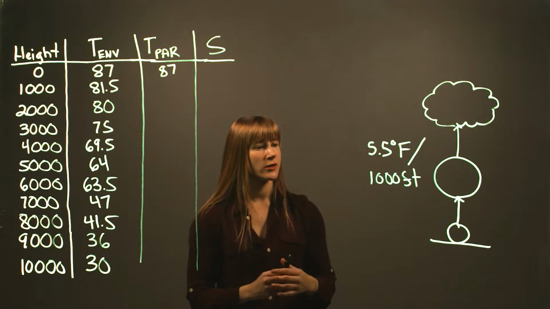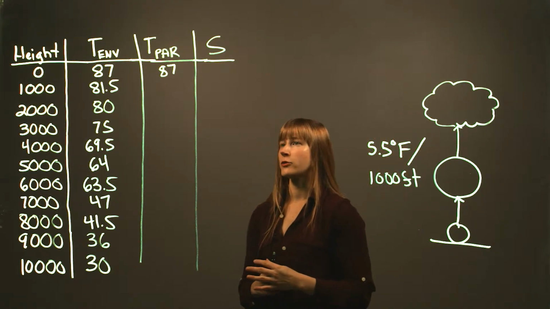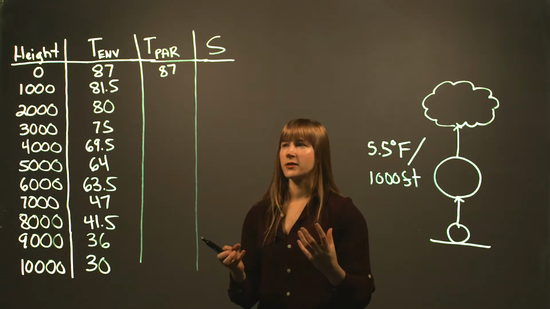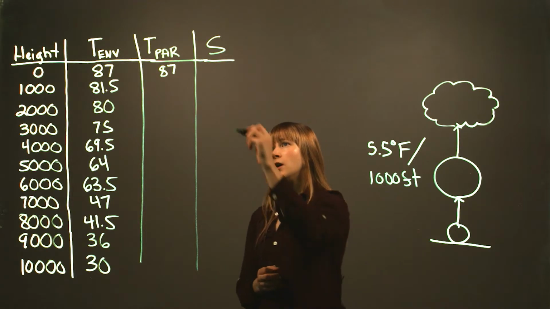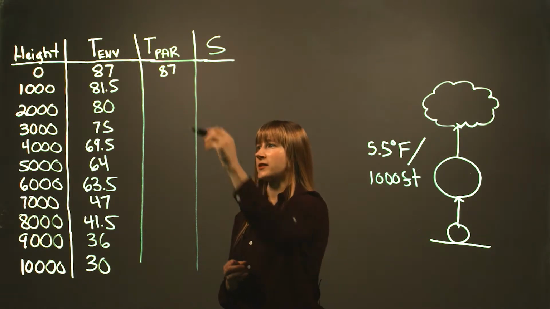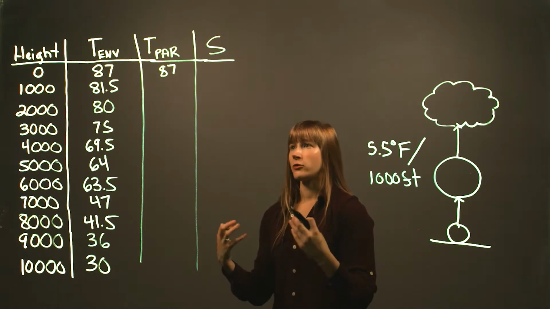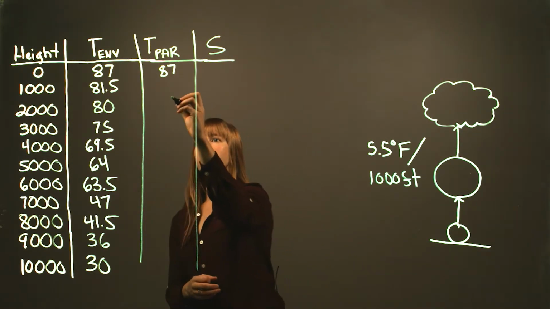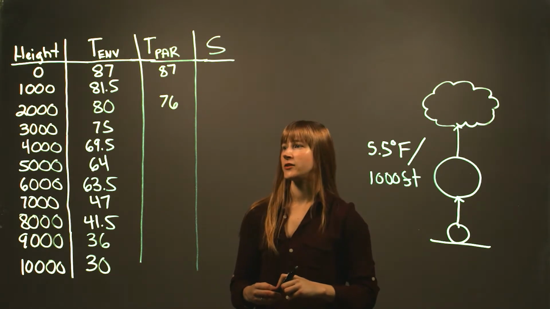So 11 degrees Fahrenheit for every 2,000 feet that the air parcel rises. That can be an easier way to quickly fill in this table. When the air parcel rises 2,000 feet above the ground, it will have cooled down 11 degrees Fahrenheit. So that's going to be 76 degrees Fahrenheit.